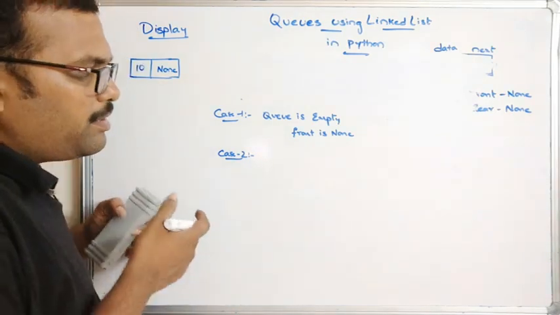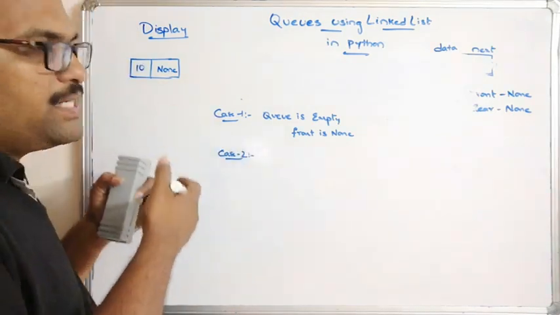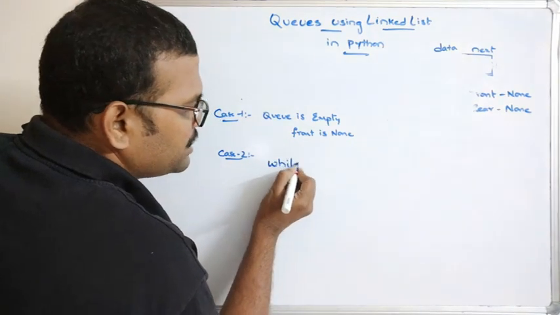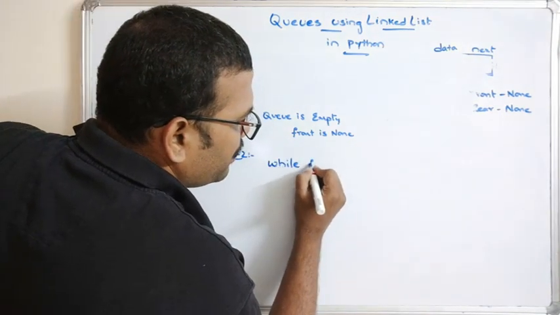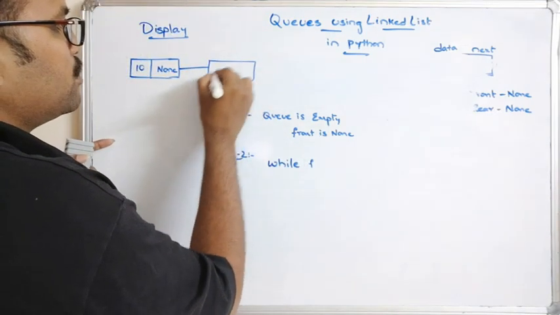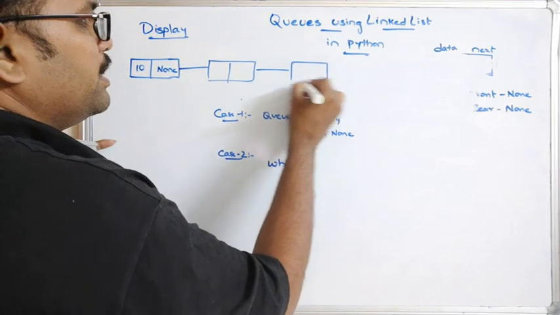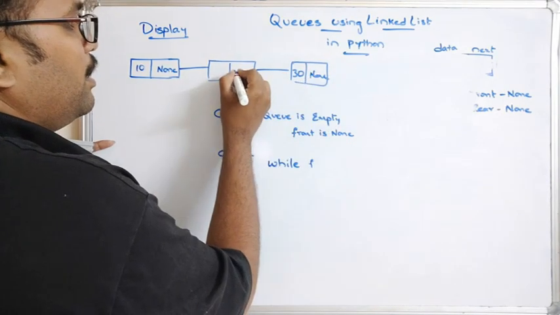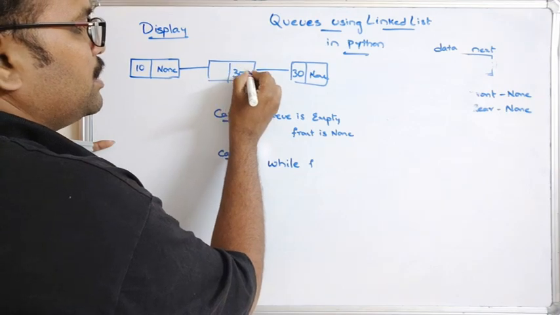We need to travel from the first node to the last node. For example, if you consider 2 or 3 nodes in the queue, so 30, and this is none, and this is 3000.